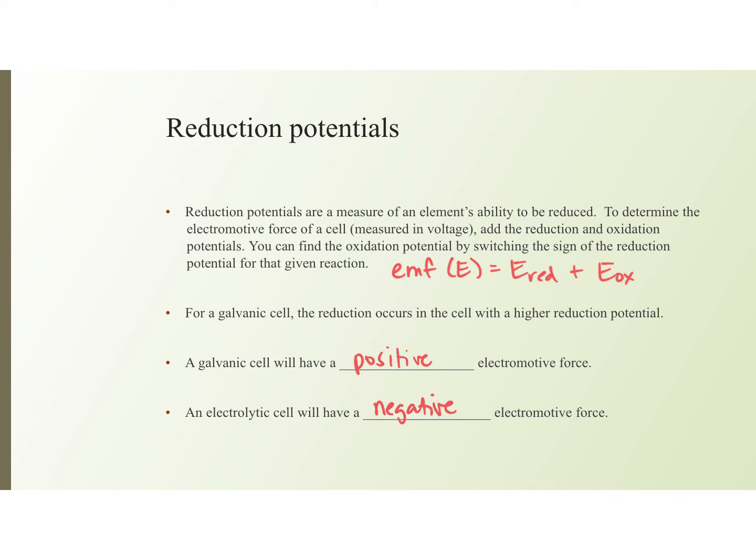That may have been a little confusing, and maybe that's a lot of new information. Hopefully we can use this example and the sample problem to show you exactly how this all ties together.